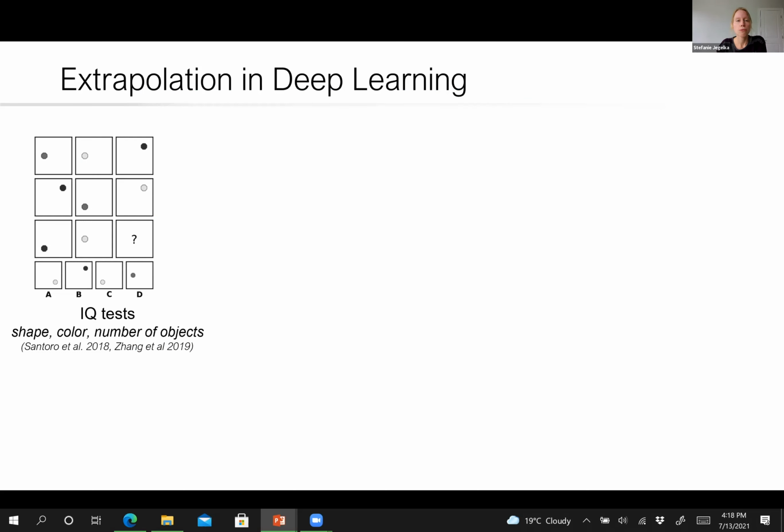First of all, extrapolation has been an issue in recent deep learning, especially in these so-called reasoning tasks, where, for example, you're having the network solve IQ tests, where it has to say what comes in this last square, where it has to generalize across shape, color, and number of objects and extrapolate on these axes.